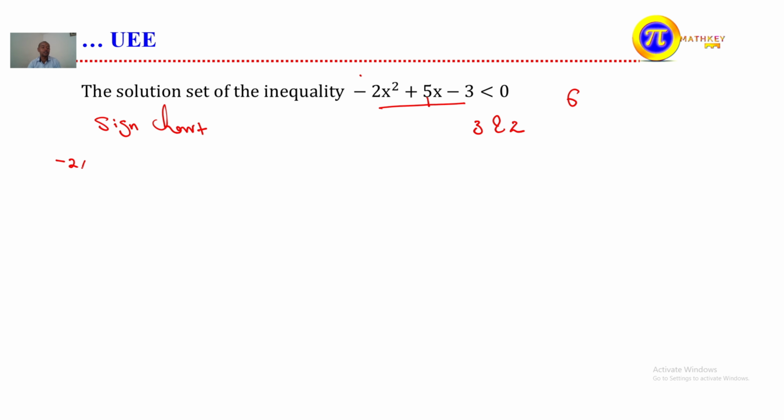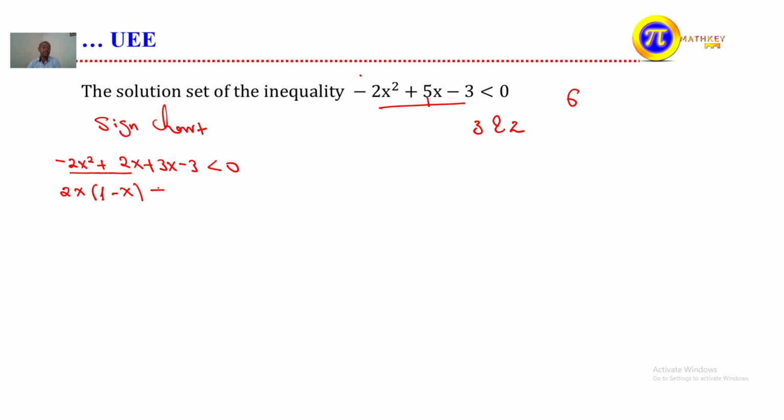This is negative 2x squared plus 2x plus 3x minus 3, which is less than 0. Now take the common factor. For the first two terms, 2x is common. When you take 2x, it becomes 1 minus x.